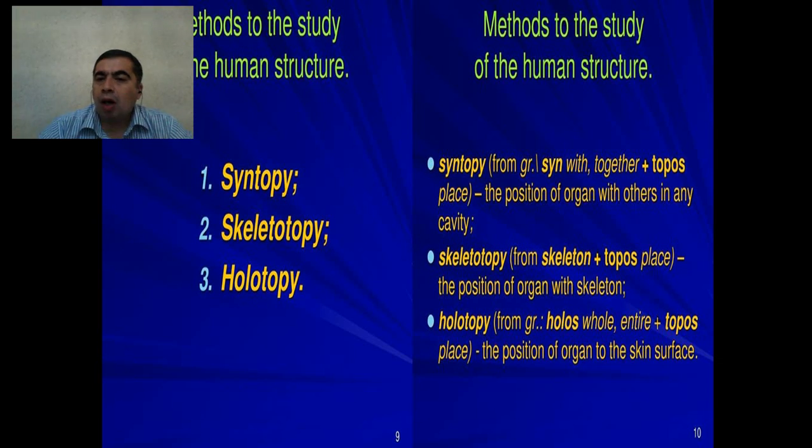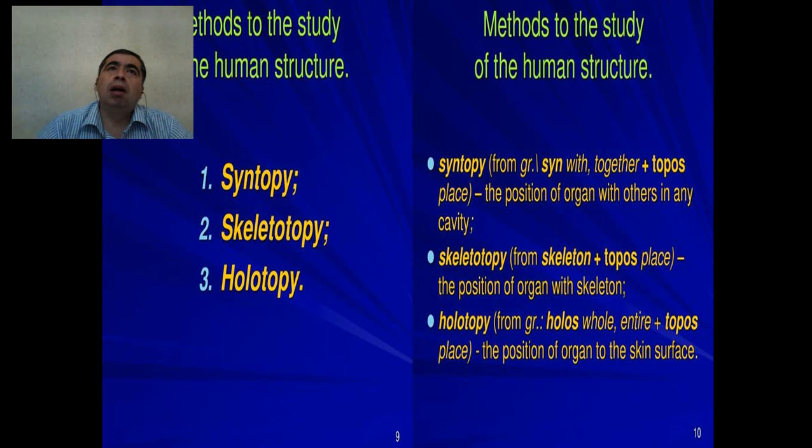Skeletotopy, from the words skeleton, the bony foundation of the human body, and of course again topos, place, the position of the organ with the skeleton or according to the skeleton.